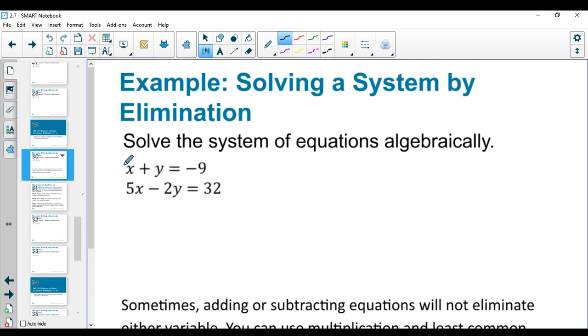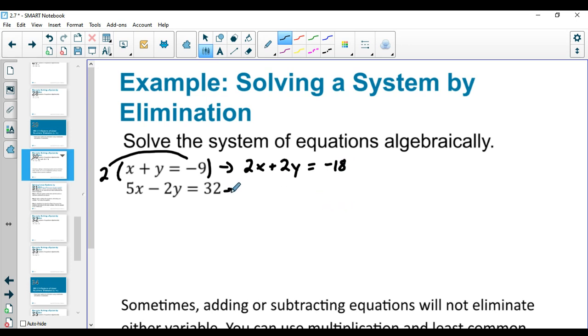So what I'm going to do is I'm going to multiply this entire equation by 2, right? And what that'll get me is I'll get 2 times x, which is 2x, 2 times y, which is 2y, and then equals, and then make sure you do this 2 to this negative 9 as well. It's everything. 2 times negative 9 would be negative 18.